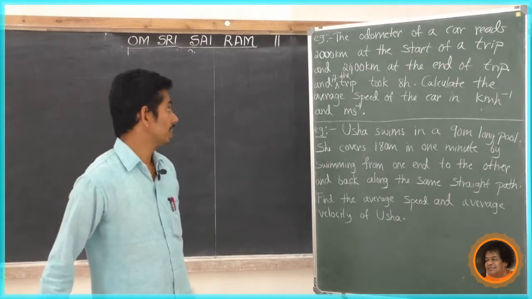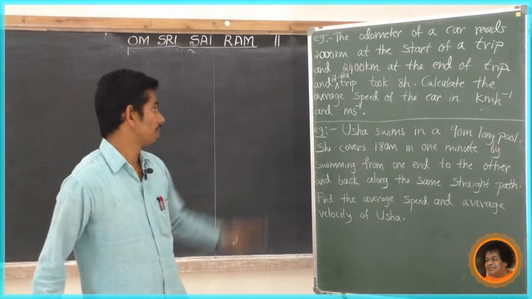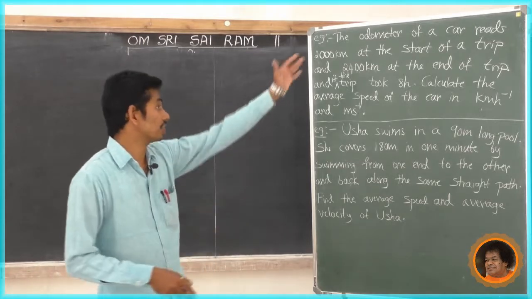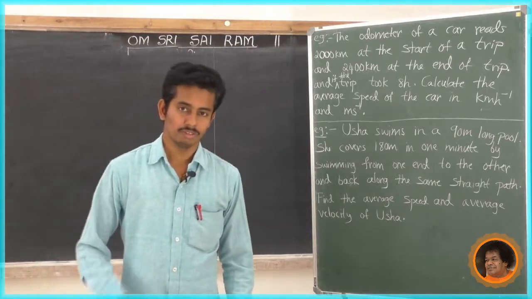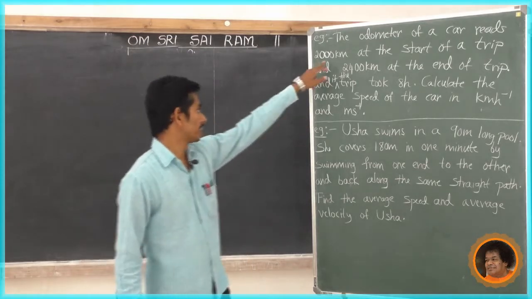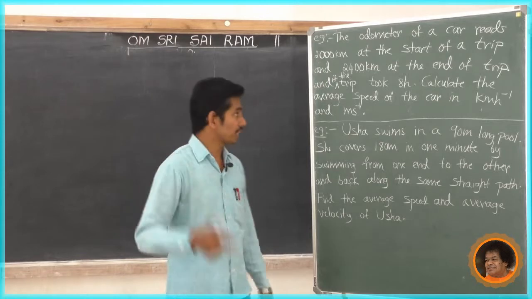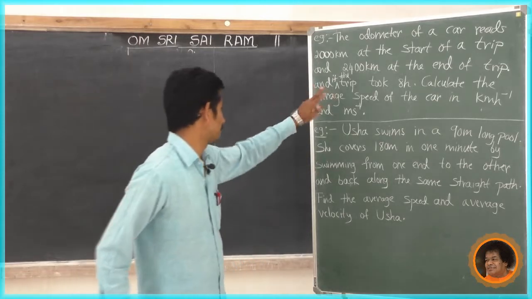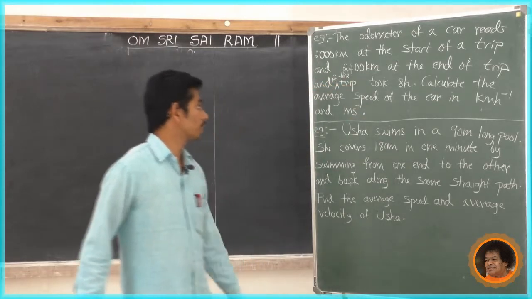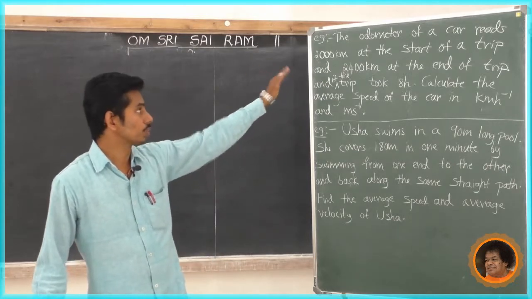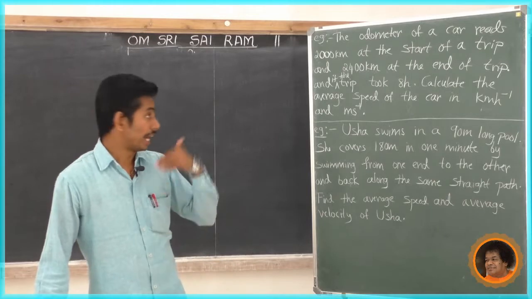Now look at the question. The odometer of a car reads 2000 km. What do you mean by 2000 km? At the start of the trip, when it starts the journey, the odometer reading is 2000 km, and 2400 km at the end of the trip.